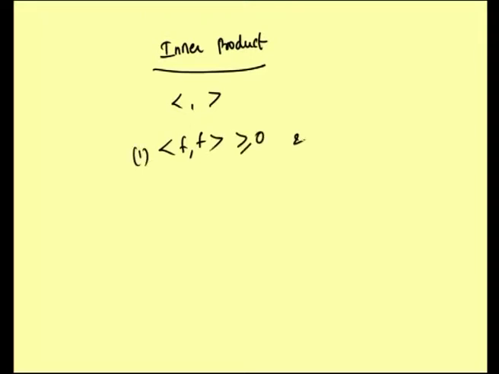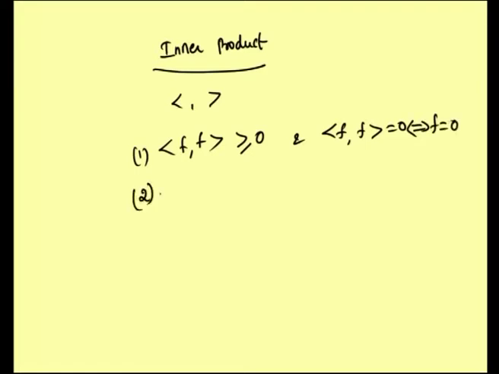So, first of all, what is meant by inner product? Inner product is the one which satisfies the following conditions. Okay, that is first condition is (f, f) is always greater than or equal to 0, and (f, f) equals 0 implies and is implied by f equal to 0.